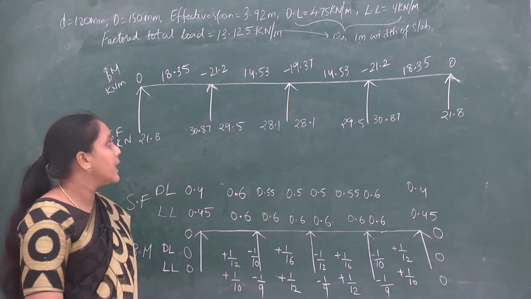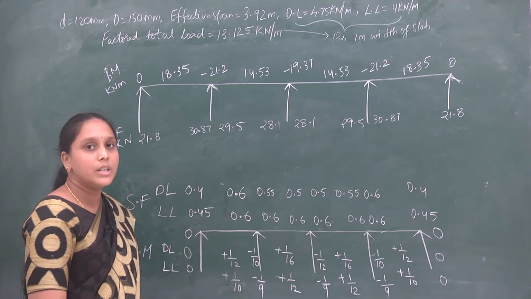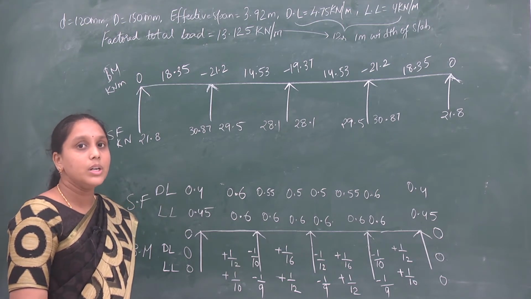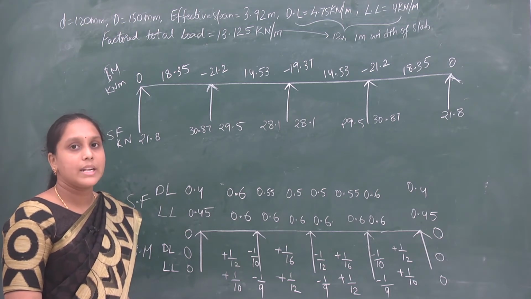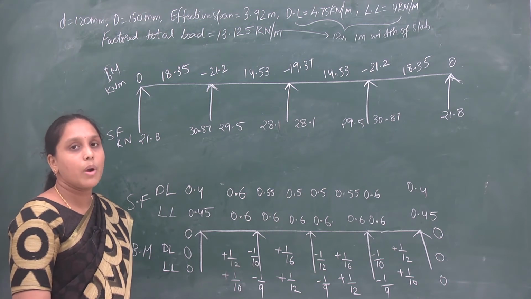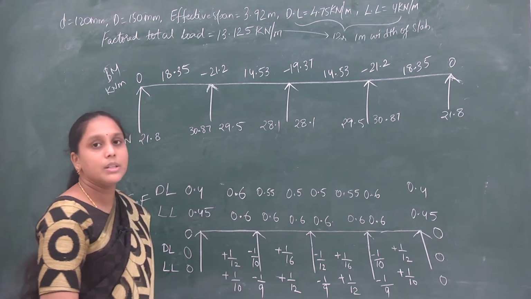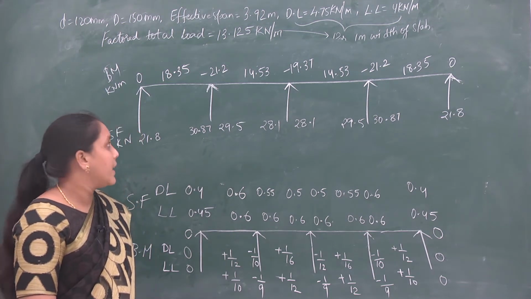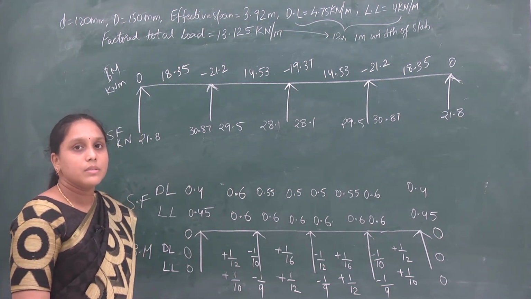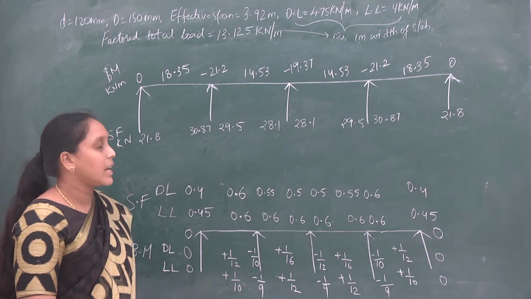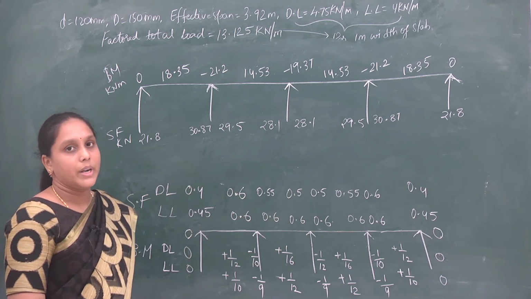After calculating the bending moments and the shear forces, the next step is to find out the minimum depth required for the moment carrying capacity. That is the minimum depth which is required for carrying the moment.